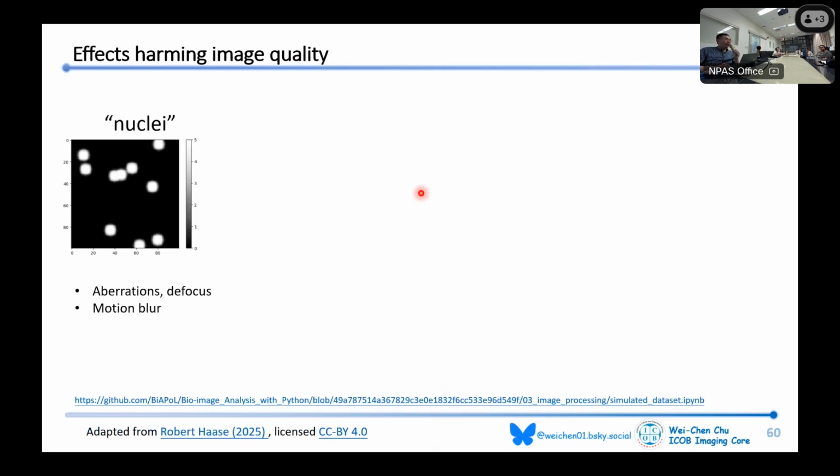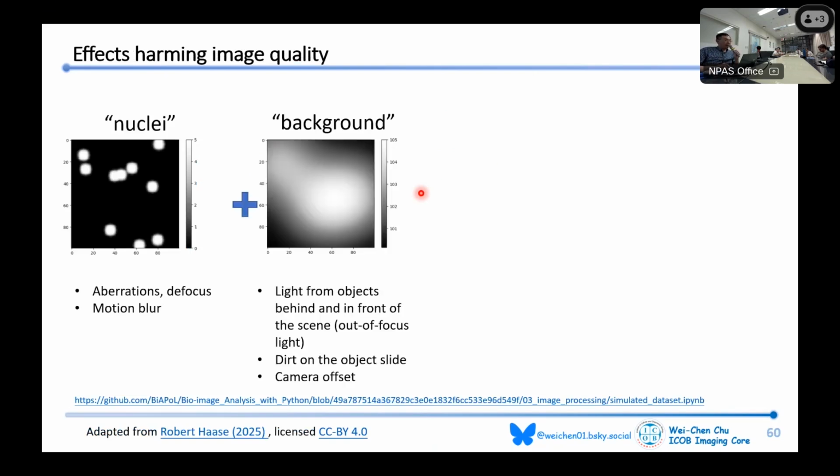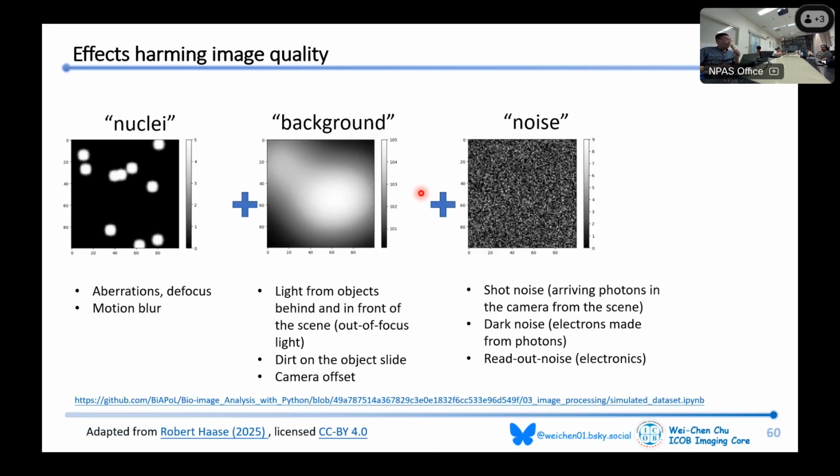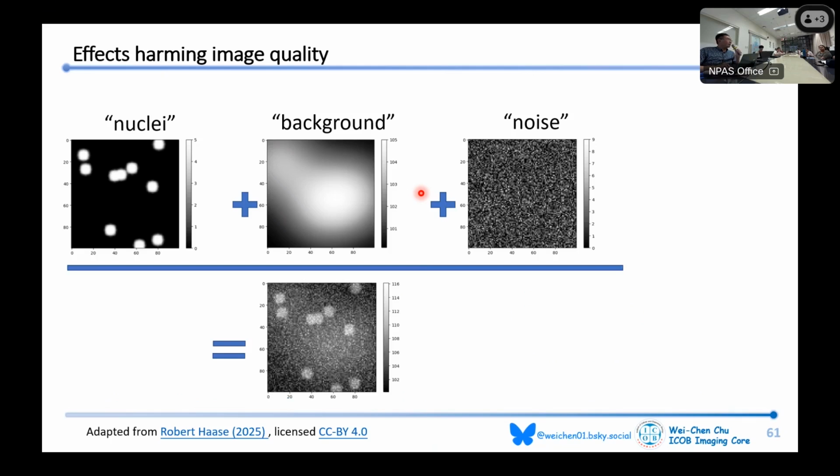And sometimes the image is not perfect. For example, maybe not perfect focus or some blur, or we have some background due to differences in the tissue, dirt or whatever. And we also have some noise. The camera has this noise. Together, those effects give you the image. This is a real image like this.